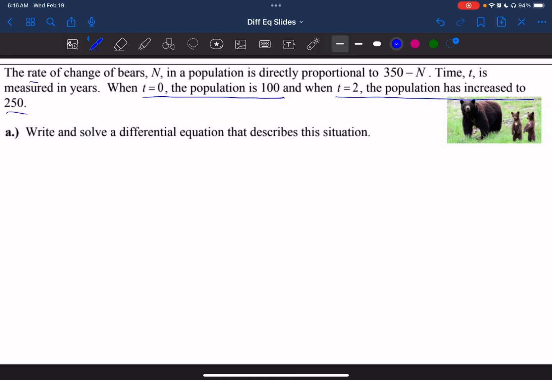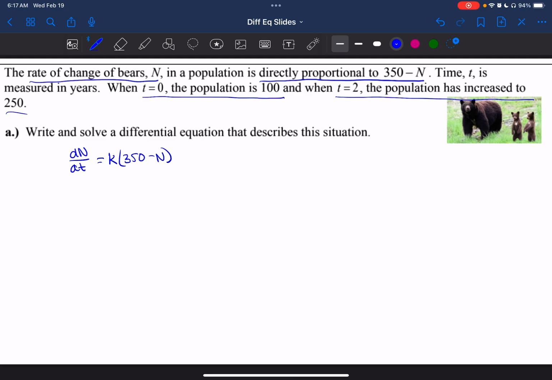So we know the rate of change of bears n. That sounds like dn/dt in a population is directly proportional to 350 minus n. Well, directly proportional means I've got to multiply by some constant k times this 350 minus n. Okay, so let's separate. Now don't be confused, k is not a variable, it's just a constant.